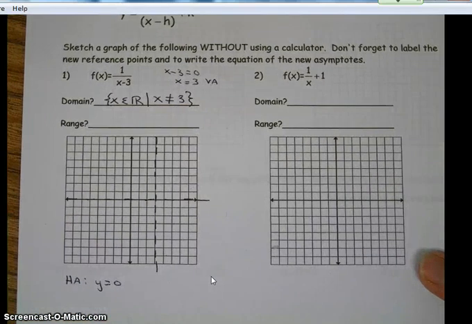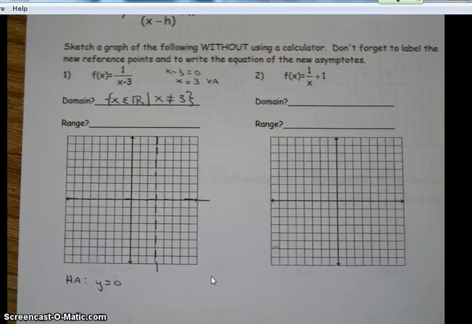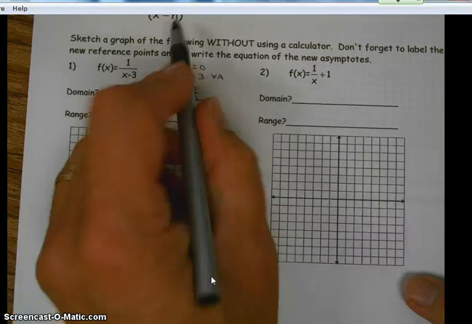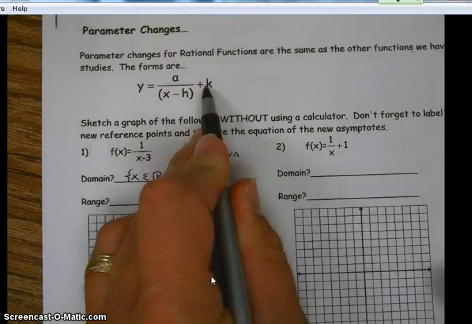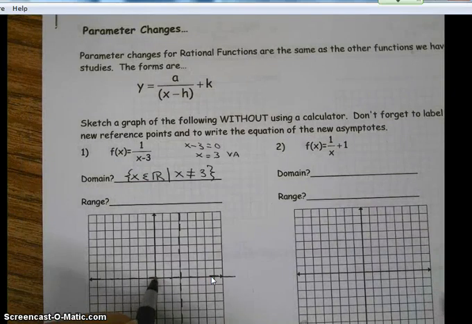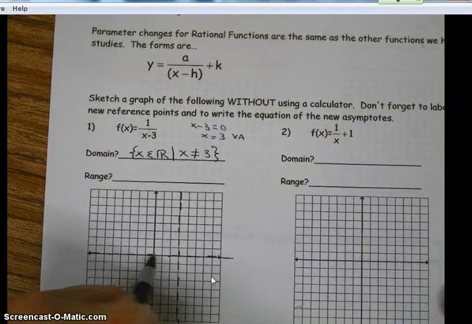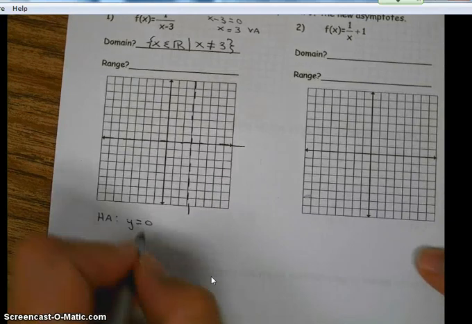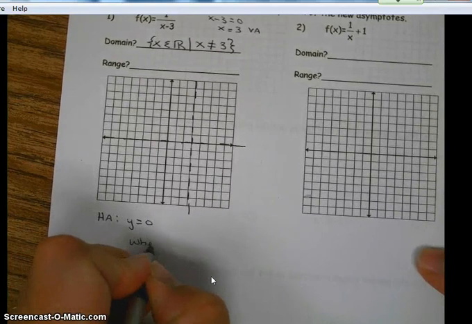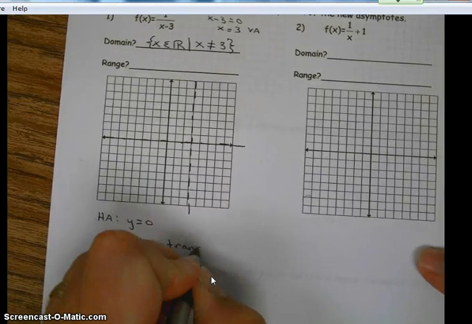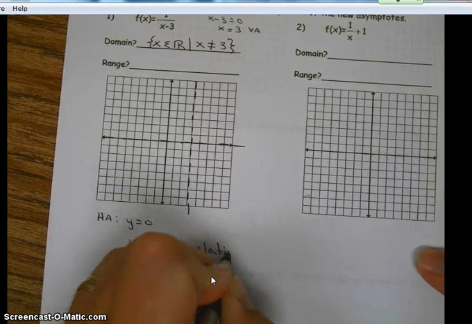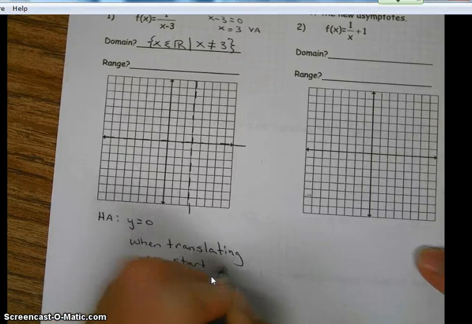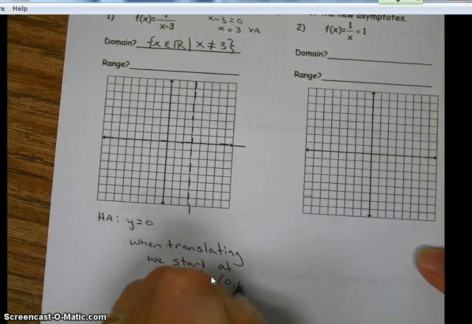Now the point that we're going to translate here using our h and our k, we're going to always start here at 0, 0. You might want to write that down. When translating, we start at 0, 0.